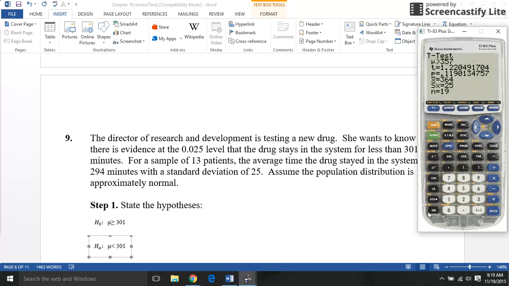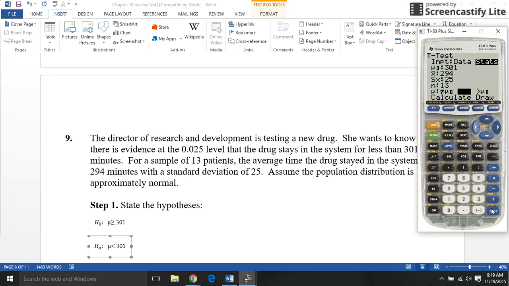So on stats, test, over to t-test. Okay. So population mean is 301. Sample mean is 294. Okay, my sample standard deviation is the same, and my n is 13. What changes, again, is these hypotheses.